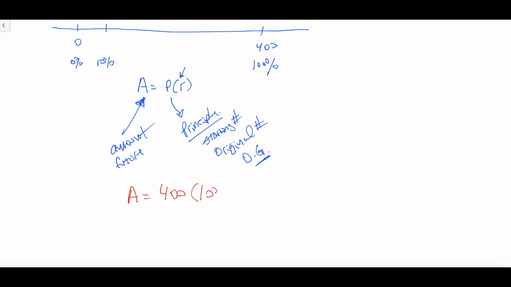Are we good to go? Should we just punch these two numbers into the calculator like that? You're about to get it wrong. Do we use a percent symbol in math ever? 40 times 0.1. You never use the percent symbol. There's no calculator out there that has a percent button on it.